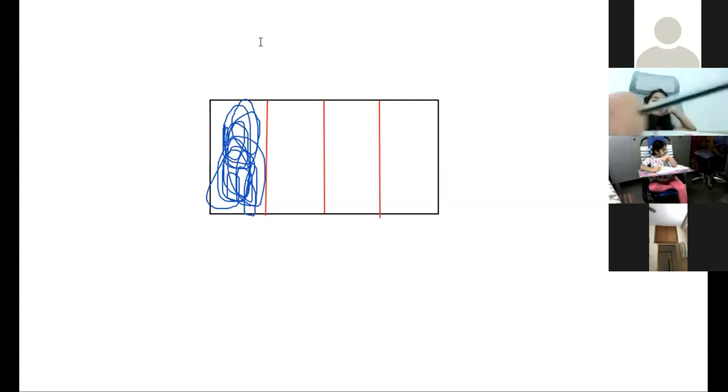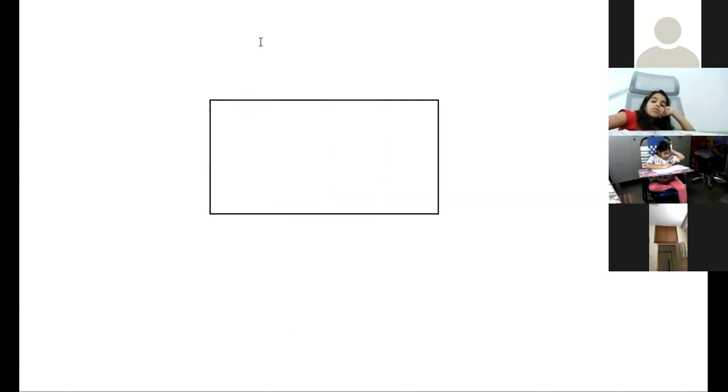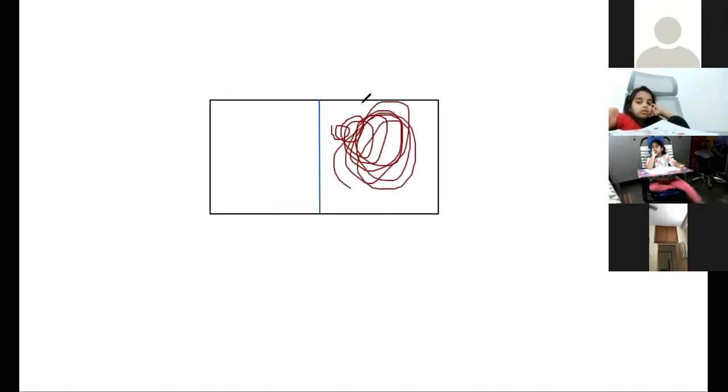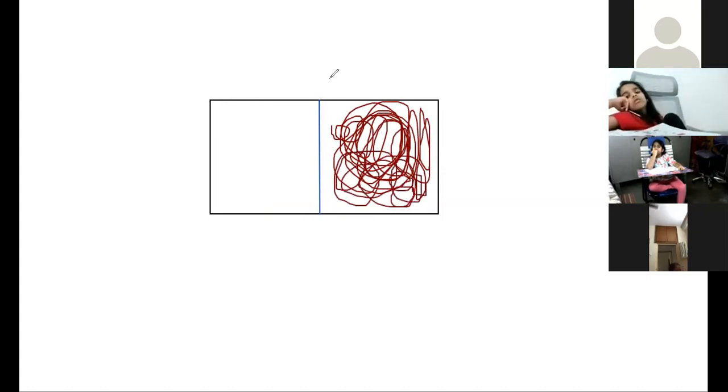Fine. Now, let's say I have divided this circle into 2 parts. This time I have divided the circle into 2 parts, and out of these 2 parts, I have shaded 1 part of it. What can I say here is, the shaded portion is half.